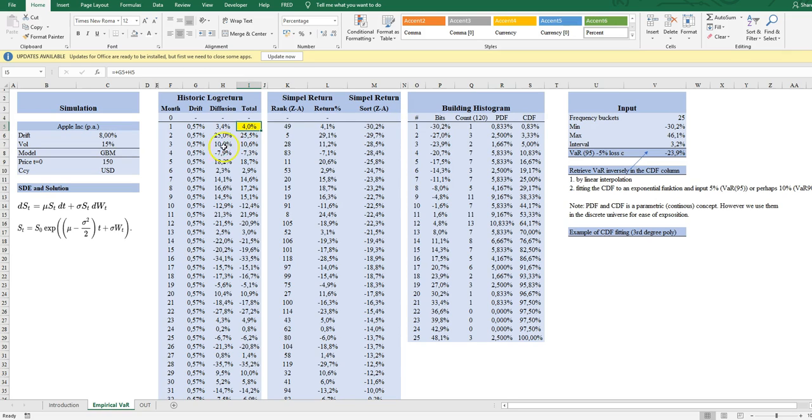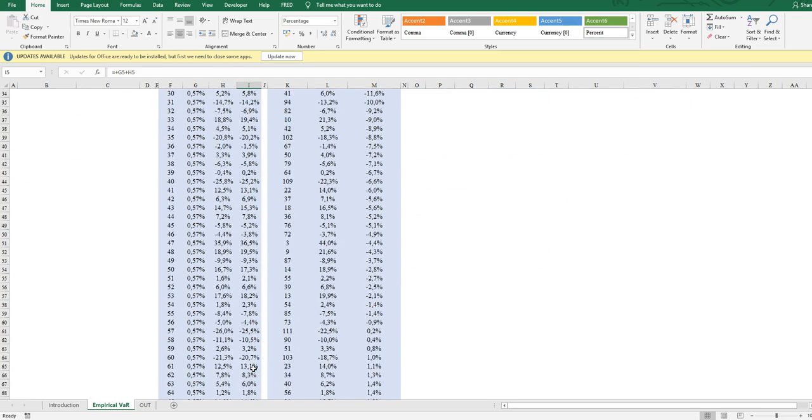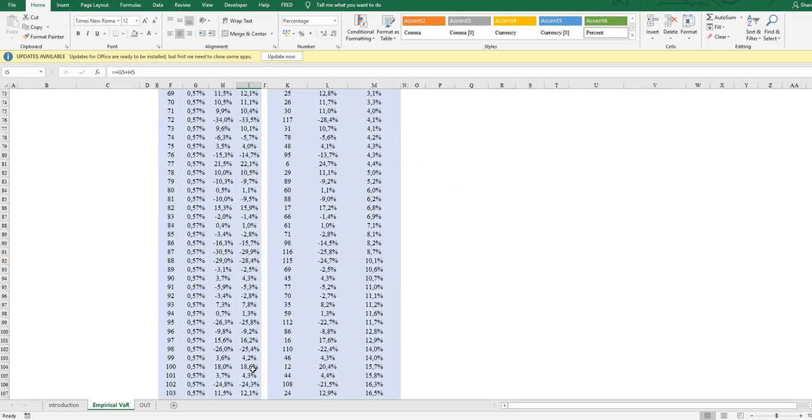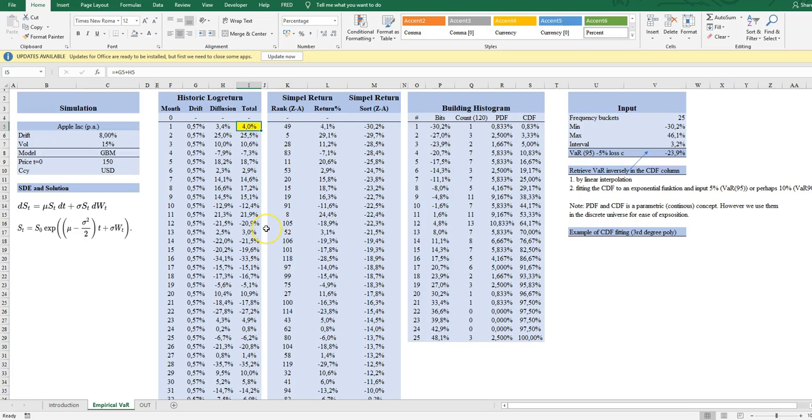Okay, so now I have 120 observations, and although they are artificial, we just assume that these are actually the numbers for Apple the last 120 months. Now what we have to do in order to progress towards the empirical measure is to rank every single monthly return from lowest to highest.